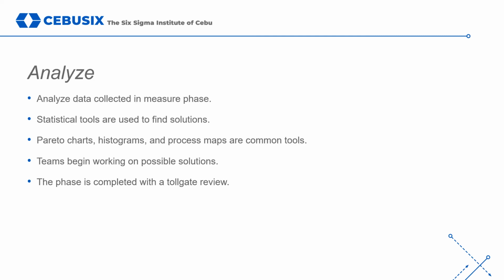Once measurements are collected, or in the process of being collected, Six Sigma teams usually move on to the analyze phase. Again, a tollgate review is often conducted between phases, but the lines between measure and analyze are often blurrier than the lines between define and measure.